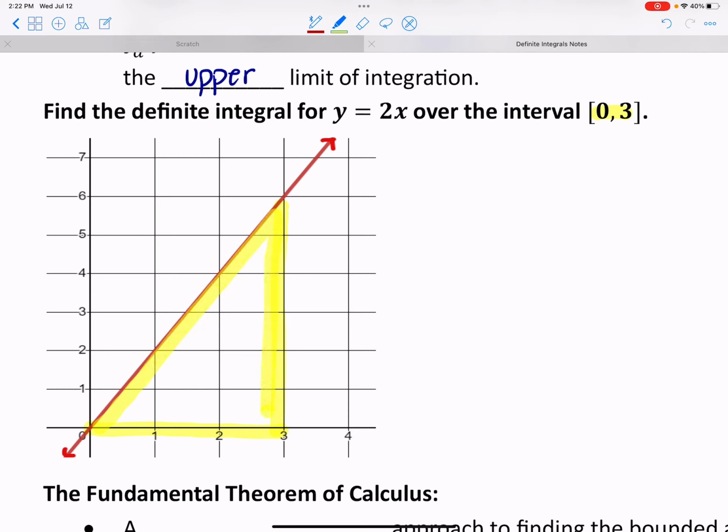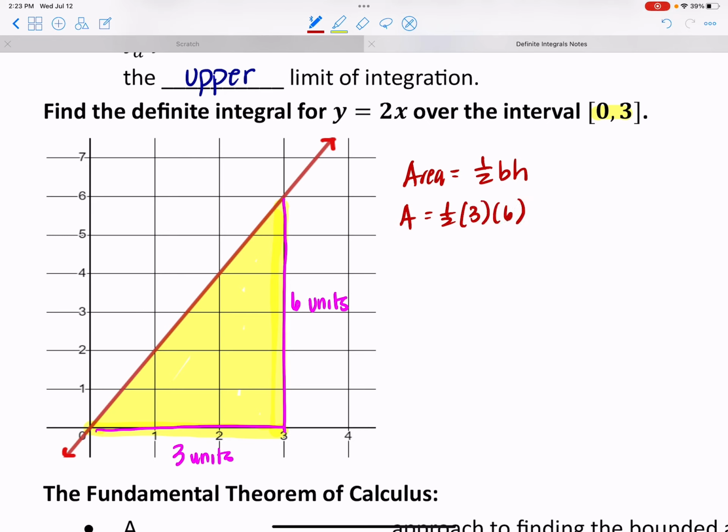So when I'm finding my definite integral, if I'm just finding area, and my area is a triangle, again, I don't need any fancy calculus to find the area of a triangle. The area for a triangle is 1/2 times its base times its height, and I can see clearly here that the base of this triangle is 3 units in length, and that the height of this triangle is 6 units in length, so that my area would have to equal 1/2 times that 3 times that 6, and half of 18 makes 9.